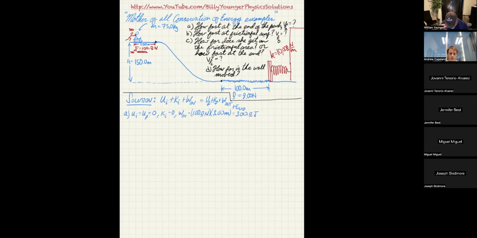So that's the work in. The K final is going to be 1/2 m v final A squared. And of course, work out and E loss will be 0. So that's the way I'm going to set this equation up.